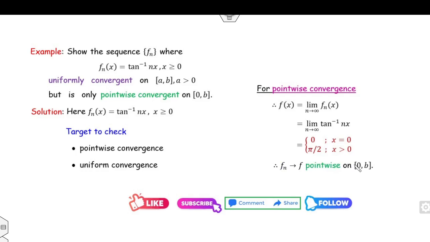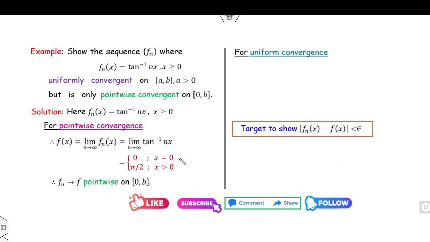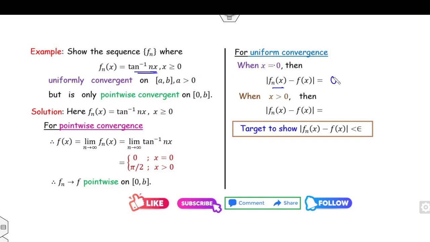Fine. Now for uniform convergence, again you have two cases: when x is 0 and when x is greater than 0. What is the value of fn(x) when x is 0? It is 0, and f(x) when x is 0 is also 0. Similarly, I can substitute the value as tan inverse nx minus pi by 2.